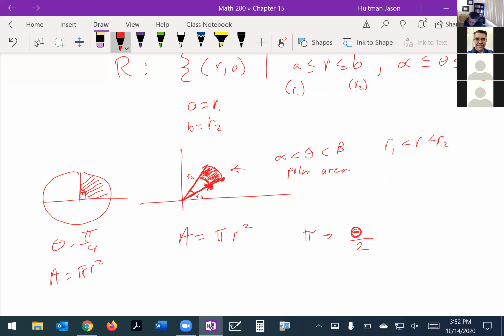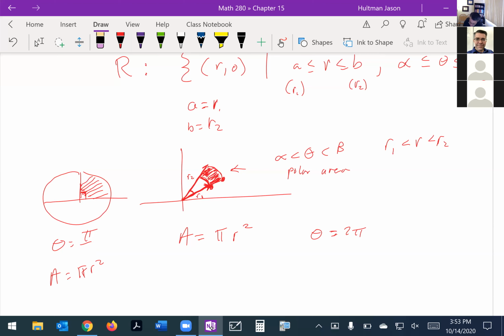Pi r squared. But I want the sector of this, right? I want the sector based on theta. Well, theta for the whole circle is 2 pi, right? So the whole circle theta is 2 pi. So I could really say that this pi over 4, okay, this pi over 4 is 1/4 of, no, sorry, this is pi over 2.